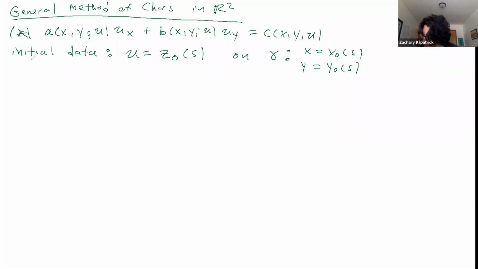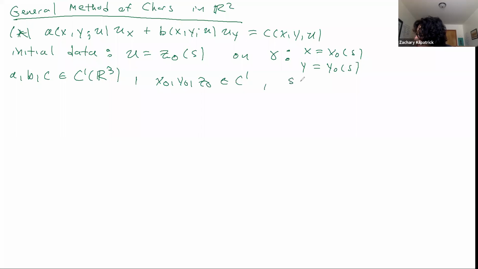A few more caveats. A, B, and C are going to be C1 functions. x0, y0, and z0 are going to be C1 functions.